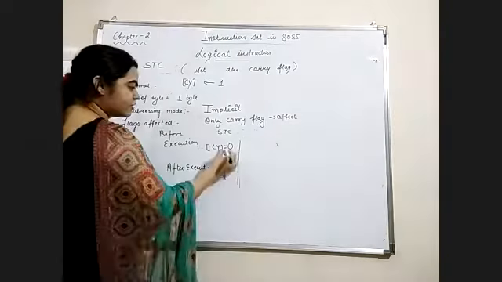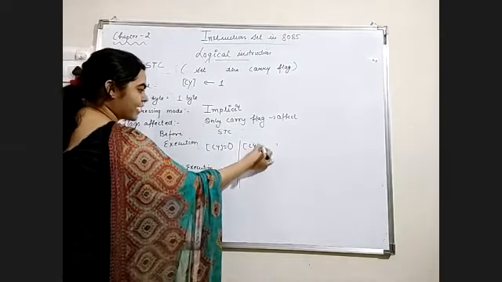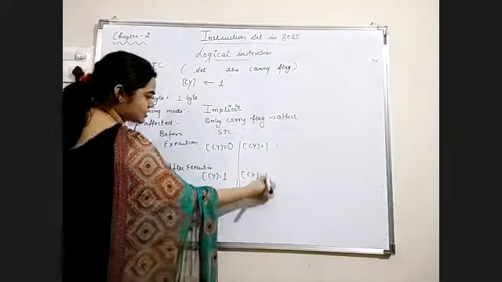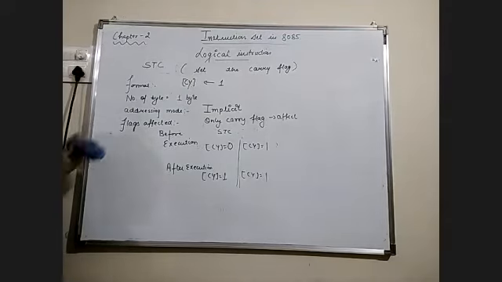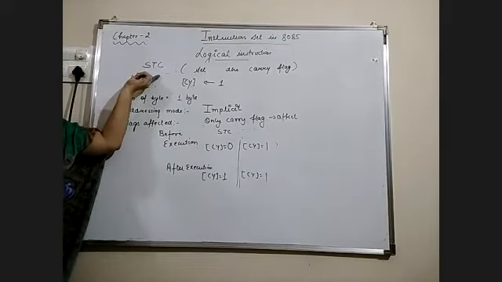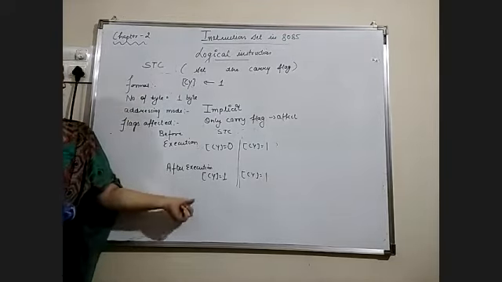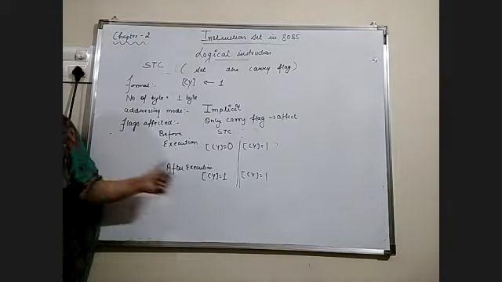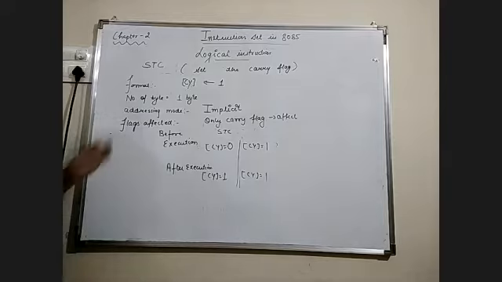And if before execution the carry flag is 1, then after execution it remains the same, equal to 1. So after the execution of this instruction, the value of the carry flag is always 1, that is, always set. This is the meaning of STC.